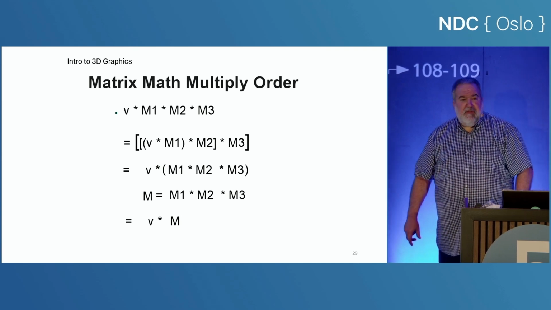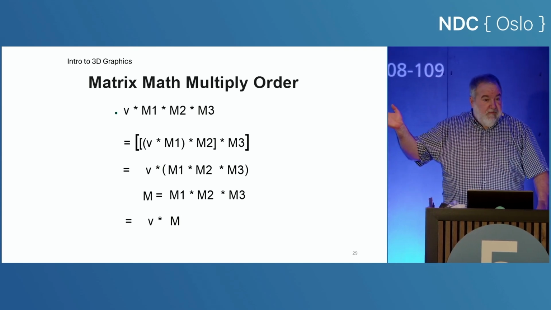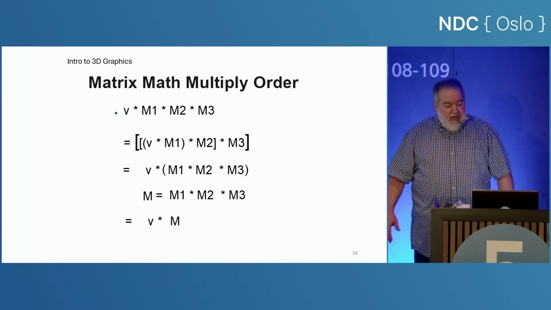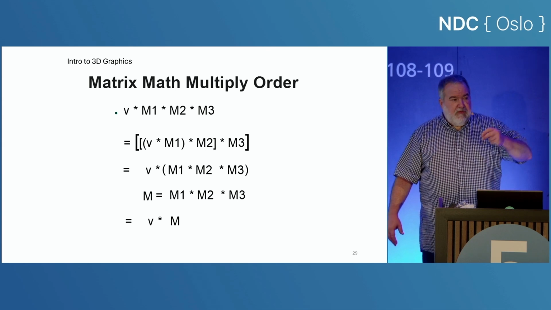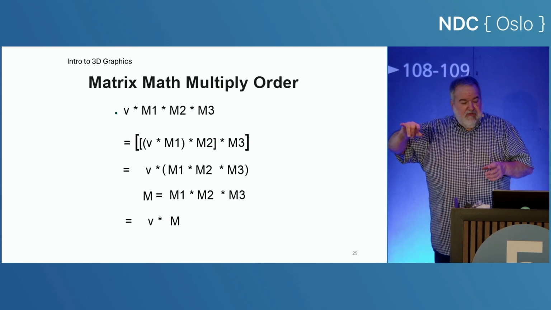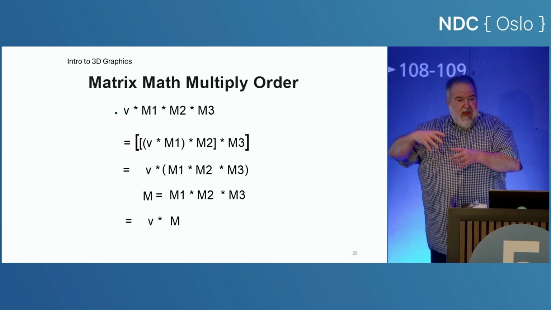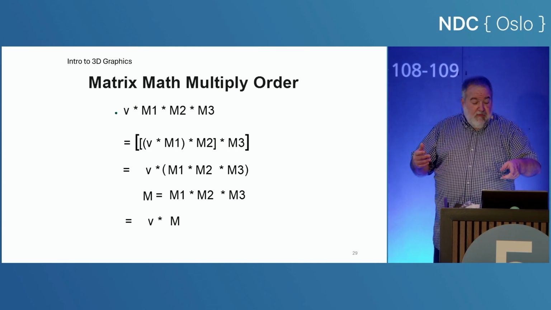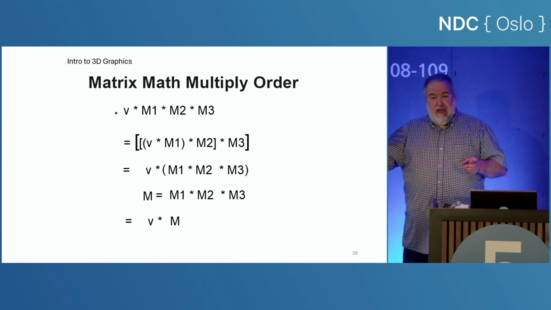Matrix multiplication is basically left to right, and I call this V for vector. Vectors or points are mathematically the same. If your M1 matrix, let's say, is a rotate, and then M2 is a translate, and M3 is a scaling factor, it would take the point or vector times M1 and then multiply it times M2 and then times M3.